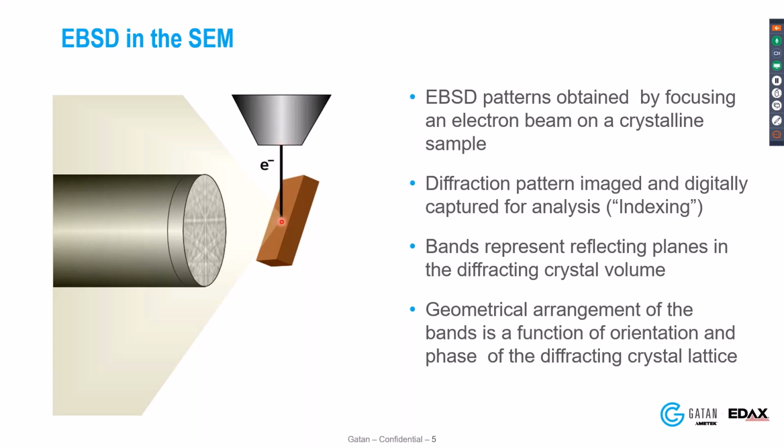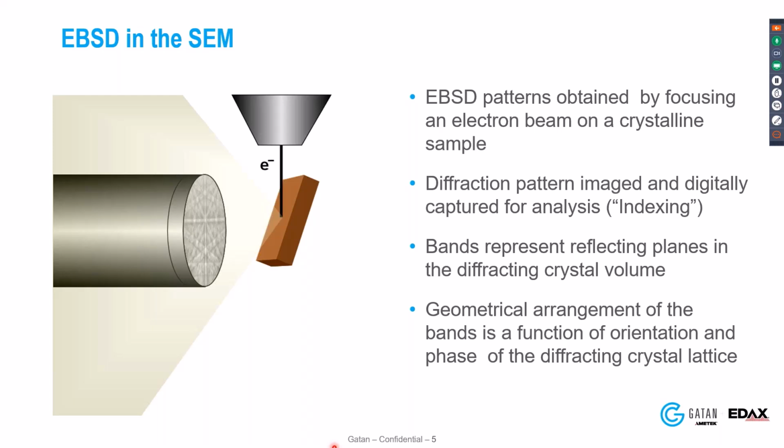We fire the electron beam at it. The beam interacts with the sample and diffracts and goes towards the detector. That image is then captured into a computer for what we call indexing, which is the determination of the crystal orientation for that given pattern.